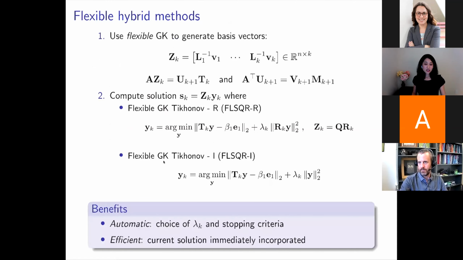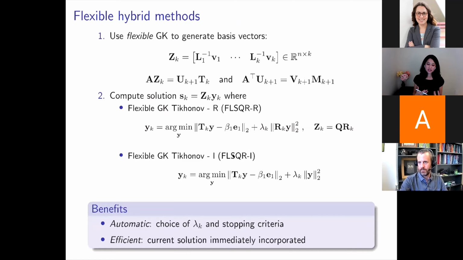So the idea is that we use this flexible Golub-Kahan approach to generate my basis vectors, these z_k's. We have these nice relationships that allow us to project our problem down nicely to the smaller dimensional space. And then we solve our regularized problem, right, with automatic regularization parameter selection on the projected problem and work your way back up.